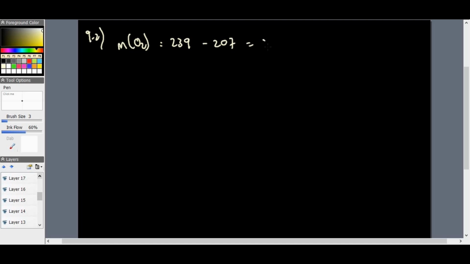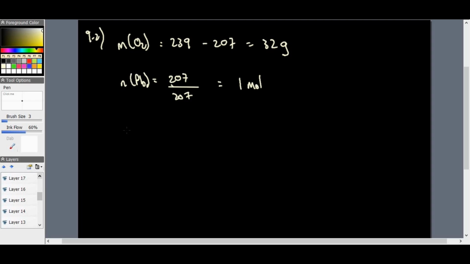And we should get that the mass of oxygen is about 32 grams. Let's have a look at the amount of moles of lead. Lead has a mass of 207 grams, and a molar mass of 207, which gives me just 1 mole of lead.